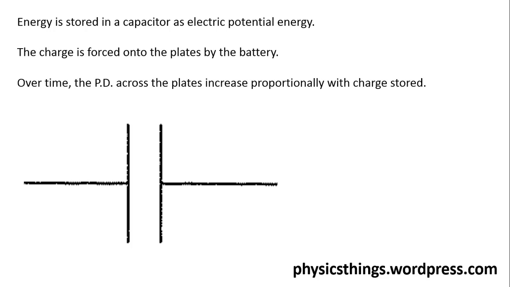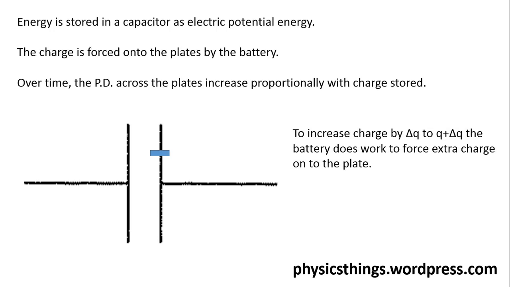the battery. Over time, as we saw in the last video, the potential difference across the plates is going to increase proportionally with the charge stored. But of course, as we're adding charge to that plate, it's going to become more difficult to add more charge.